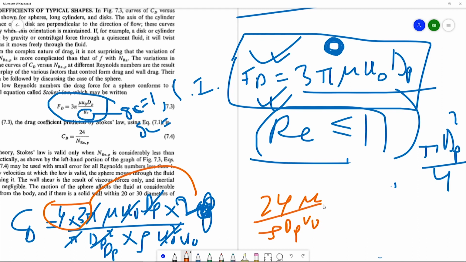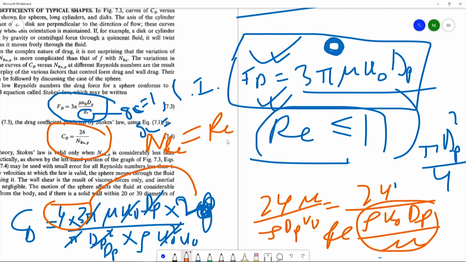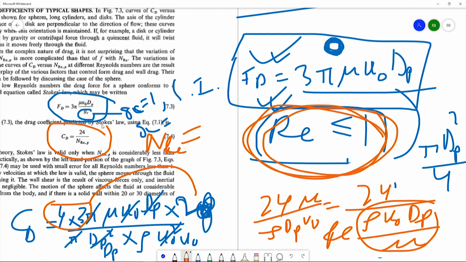You can rearrange this as 24 by rho u naught dp by mu, which is nothing but the Reynolds number. So Cd is 24 by Re, where Re is the Reynolds number. So if the Reynolds number is less than 1, you can calculate the drag coefficient directly as 24 by Reynolds number, and the drag force is given by Stokes law.